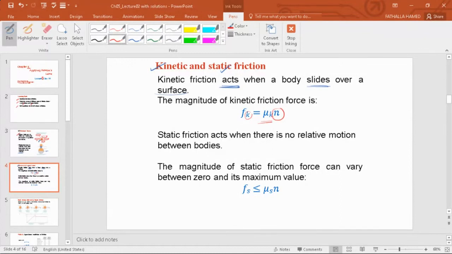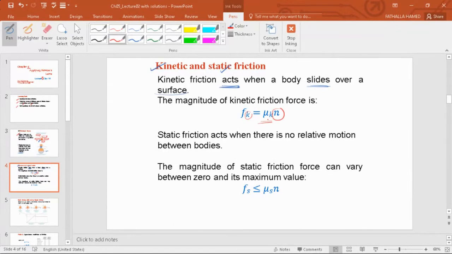And mu K here is the coefficient of kinetic friction. You know that force is measured in units of newtons. The normal force has units of newtons. And the friction force should, of course, have units of newtons. So this coefficient of kinetic friction is unitless, it doesn't have any units. But it is the relation between the magnitude of the friction and the normal force.